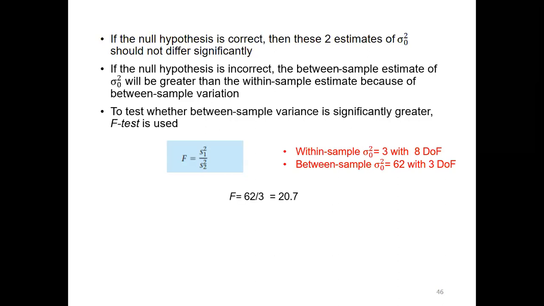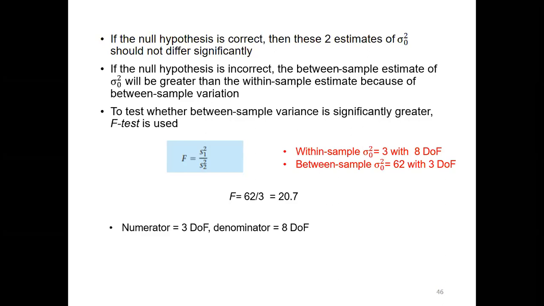When we substitute those two, F equals 62 divided by 3. So 62 divided by 3 is 20.7. Now, you remember we required the degrees of freedom.